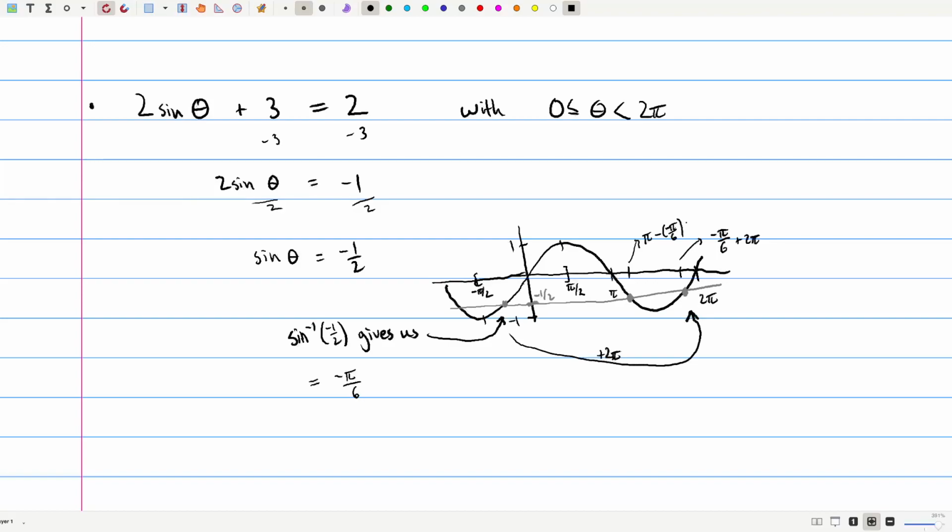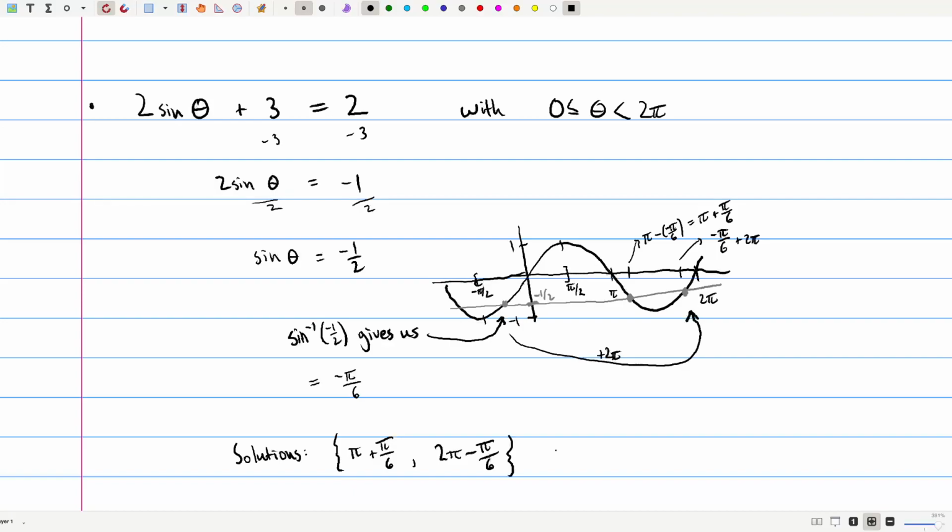That's how we get the other one, which is pi plus pi over 6. There's probably a better way to explain this one. I'll try again later with some of the future problems. So the solutions in this interval are, in set notation, pi plus pi over 6 for the lower one, and also 2 pi minus pi over 6 for the other one.